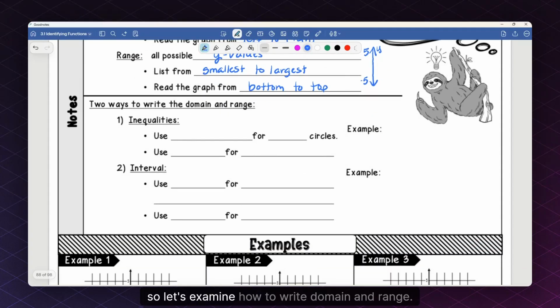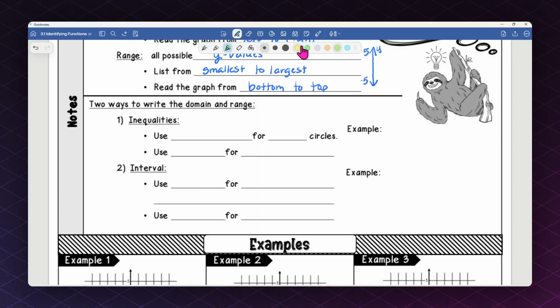Okay, let's examine how to write domain and range. We can write it in a couple of ways. The first way is as an inequality. When you look at the graph, you can have an open circle. How would we write that open circle as an inequality? We're going to use either less than or greater than, but no equal sign in it.